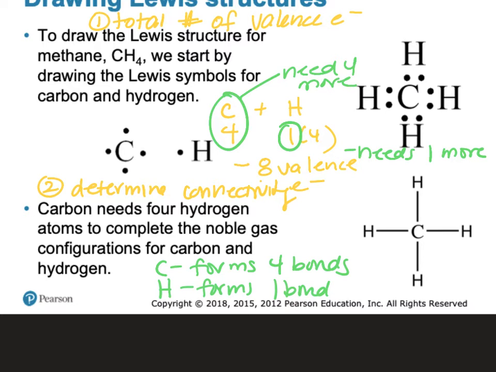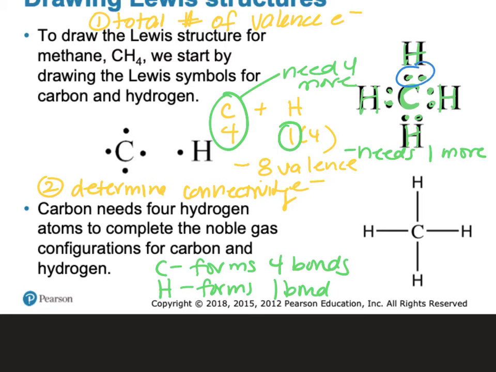So in order to connect these, the carbon has to be the central atom with the hydrogens arranged around it. So you're going to draw the carbon and then the hydrogens, and then you're going to make the shared pairs of electrons. Now that third step, we needed to make sure that we're not exceeding that total number of valence electrons. So let's count.